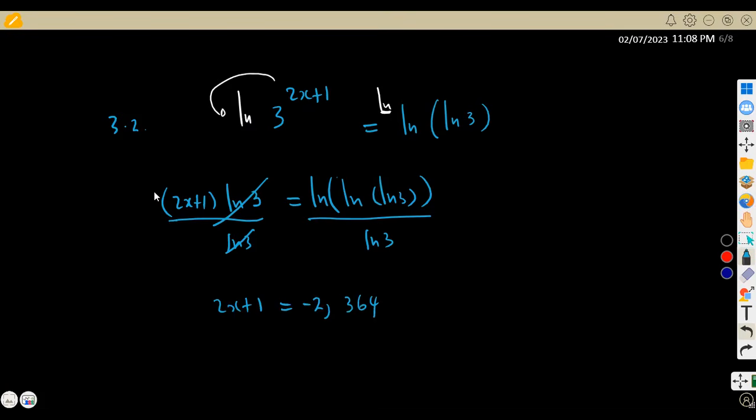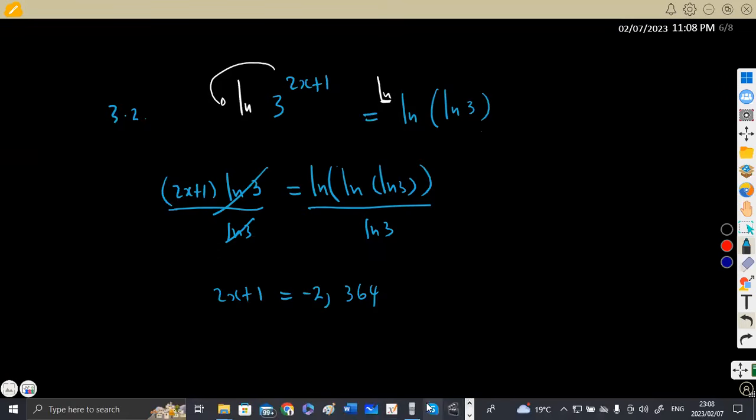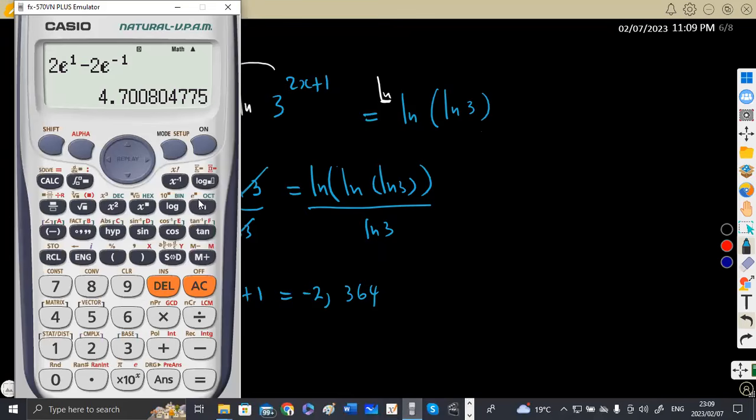Okay, let me just share the screen here so that we can see everything on the screen. All right, so it was supposed to be ln, then inside the bracket it's a ln, then inside that it's a ln of 3. So we're going to close the bracket of ln 3. We close the bracket for that ln. We close the bracket for the first ln that we had. So we are going to obtain negative 2.3.